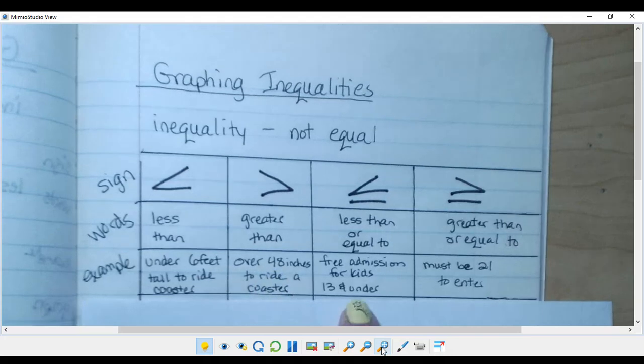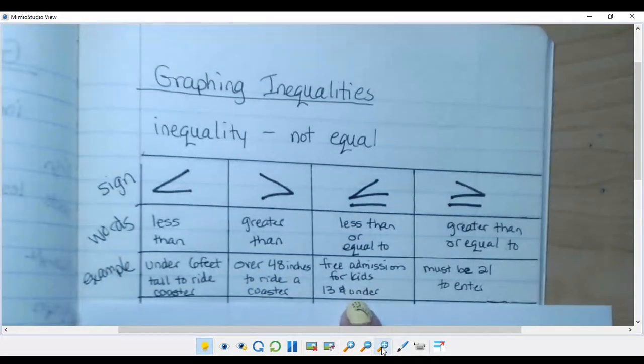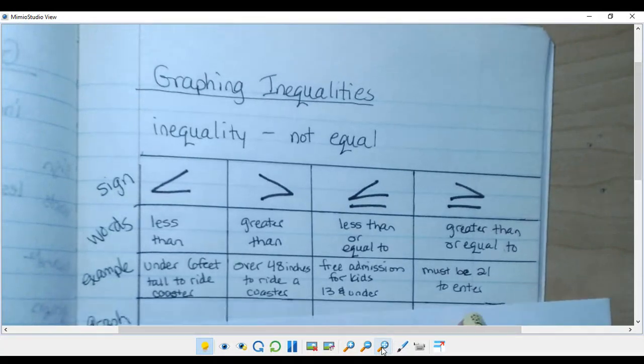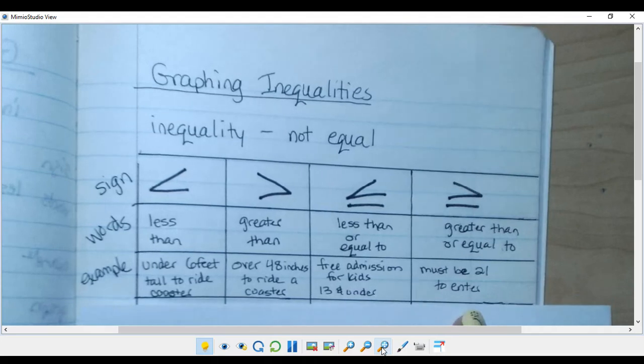Okay, let's do it with the equal sign. Free admission for kids 13 and under. If you're 13 today and tomorrow you'll turn 14, today you get in free because you're 13, but tomorrow you'll have to pay. If you bring a little brother or sister and that little brother or sister is 6, they get in free because they're under 13. The reverse of that is that you must be a certain age in order to enter.